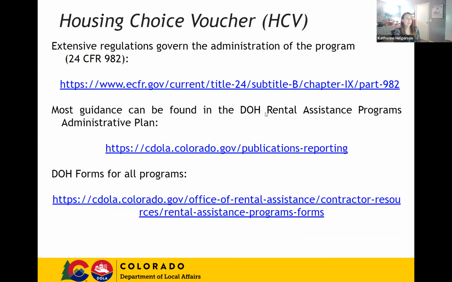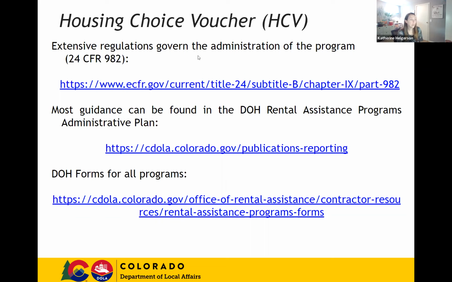I wanted to provide a couple of resources, specifically the Code of Federal Regulations that rule our Housing Choice Voucher Program. Those are found at 24 CFR, Code of Federal Regulations, Part 982. Now it's very extensive. I provided what I find to be the most reliable digital resource for those regulations.